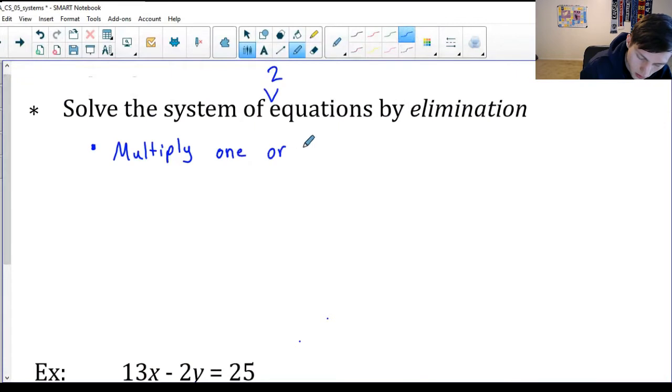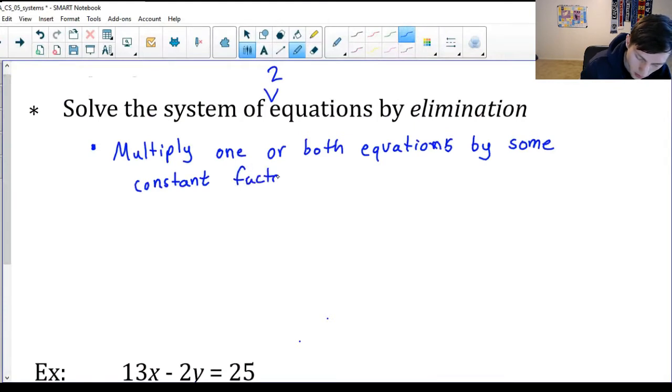So we'll start off by maybe multiplying one or both equations by some constant factor, you know, multiply by 3, multiply by negative 2, whatever, so that we can get the same coefficient but different sign.